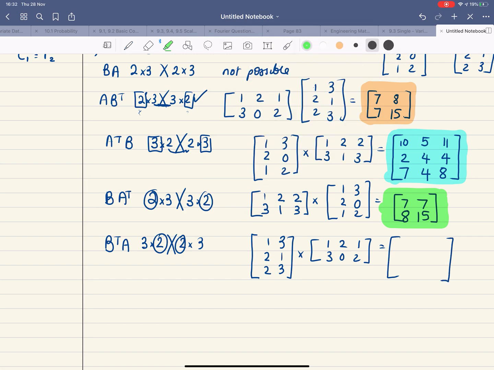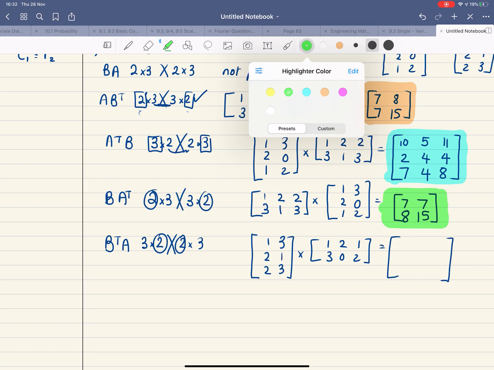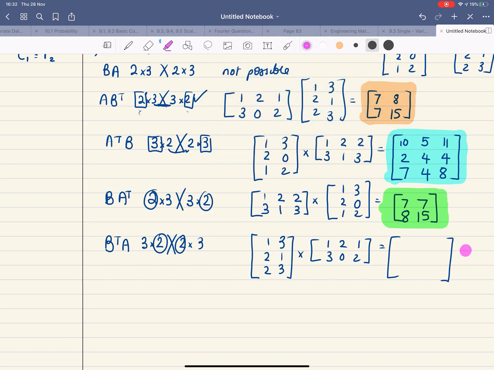So let's go for some colours. Let's go for pink. Okay. Right, we're going to do the first row first. So it's going to involve this row with these columns. See if I can do it all at once like that. That may speed it up. So every time it's the row 1, 3, and then we do the column 1, 3, then the column 2, 0, and then the column 1, 2.